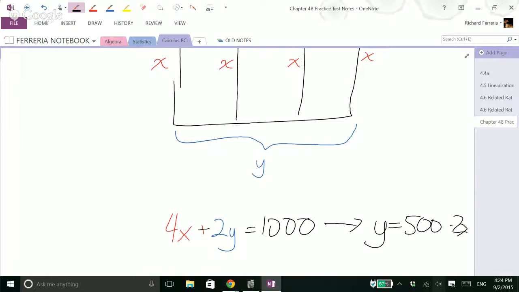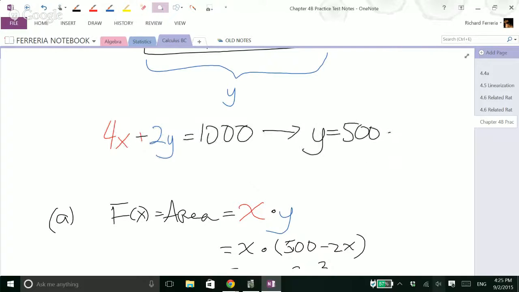If you know that, then you can solve and say that Y has to be 500 minus 2X. That's my equation for Y.